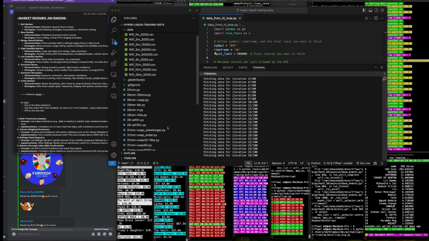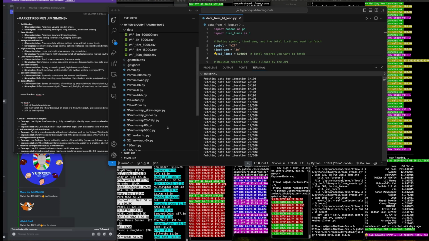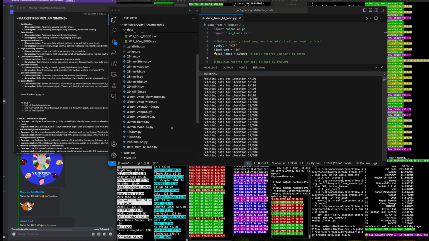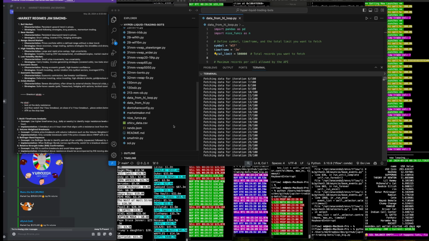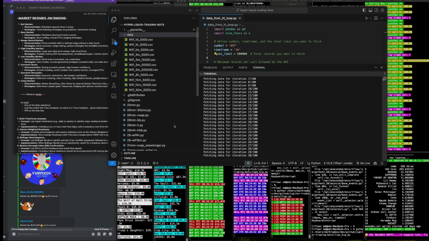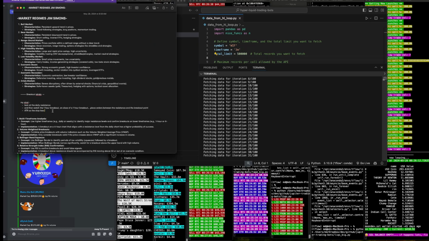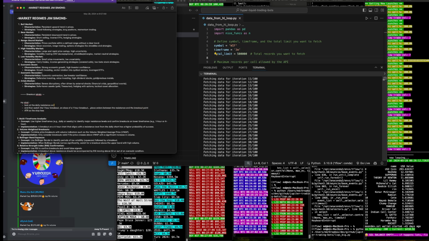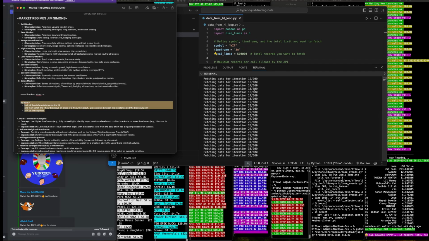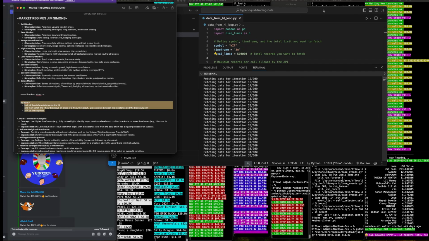That's getting a bunch of data for us, which is great. Look at resistance on the 1 day. Let's see if we can just get a backtest going while this is getting all the data for us, because this is going to be on the 3 minute.